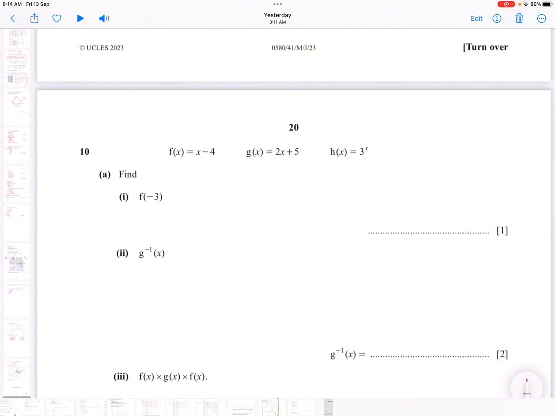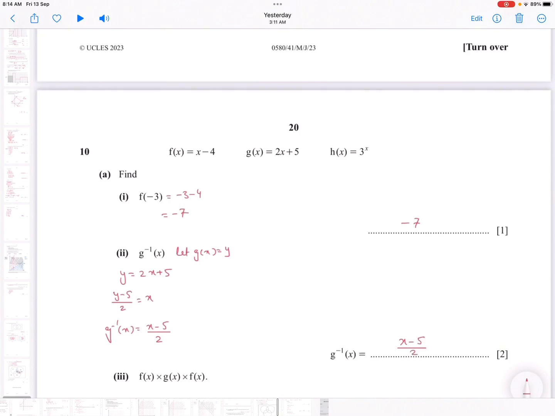Question number 10, part A1, f of minus 3. So you place minus 3 in x and solve it. So your answer is minus 7. G inverse of x. So let g of x be equal to y. Then write y equals 2x plus 5 and make x the subject. So your g inverse of x is x minus 5 over 2.